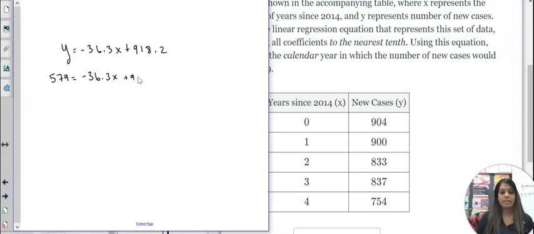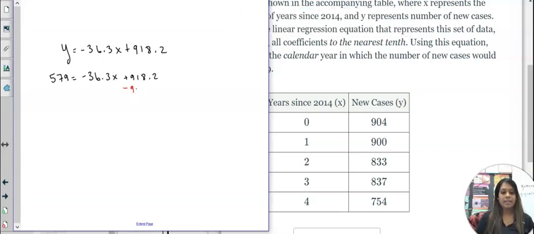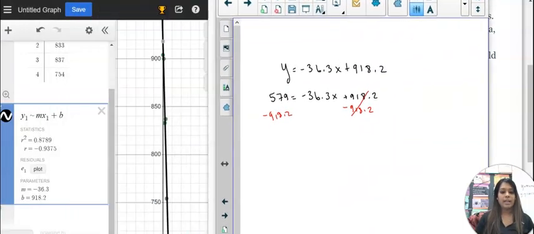Okay, and then so this is a simple two-step equation. We're going to go ahead and subtract 918.2 from both sides. I really should just do this in Desmos instead of writing it all out like that. So 579 minus 918.2.